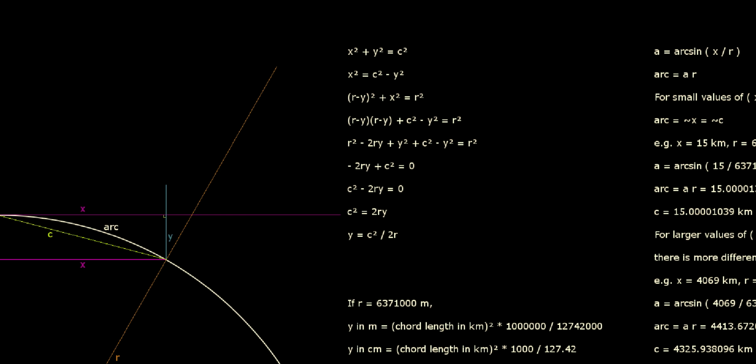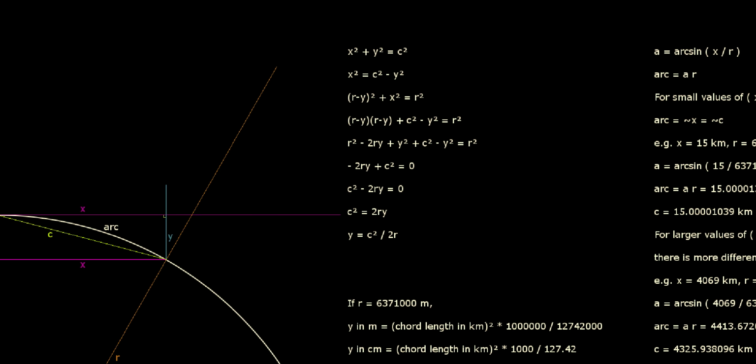You have a purple horizontal line crossing it there, tangent to the circle, sticking off infinite distance both ways, but I've only drawn part of it. You have an orange radius, an extended radius, from the centre out through another point on the circumference.